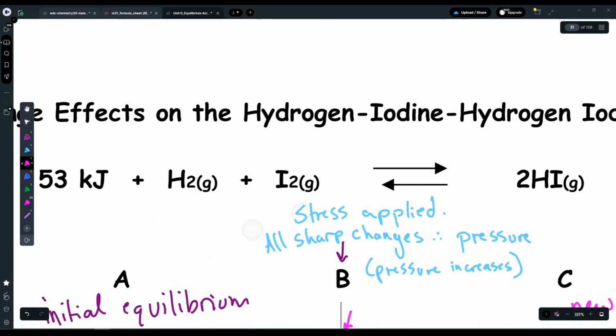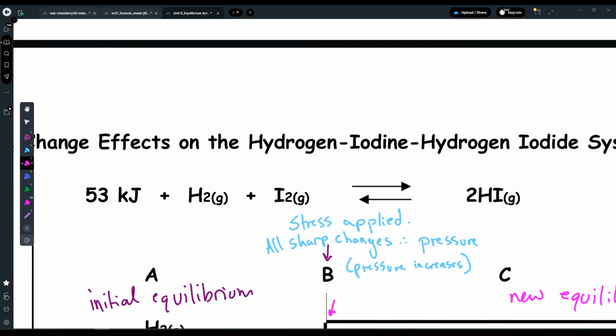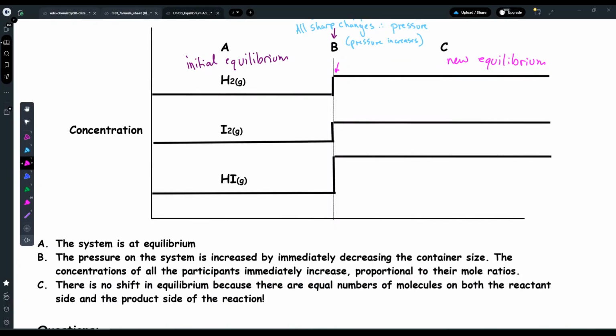If we look at the balanced thermochemical equation here, we have 2 moles of gas on the reactant side, and we have 2 moles of gas on the product side. So when we increase the pressure by decreasing the container size, the concentration of all of the reactants and products immediately increase, proportional to their coefficients in the balanced chemical equation.